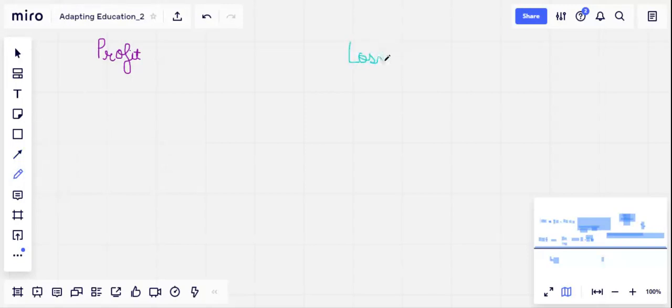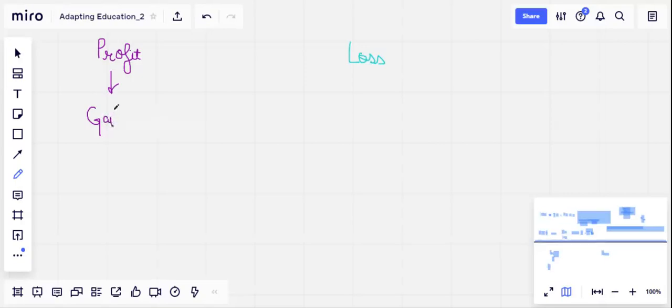What do we mean by these words? By profit we mean gain, and by gain we mean something which is adding on to something which is currently with us.